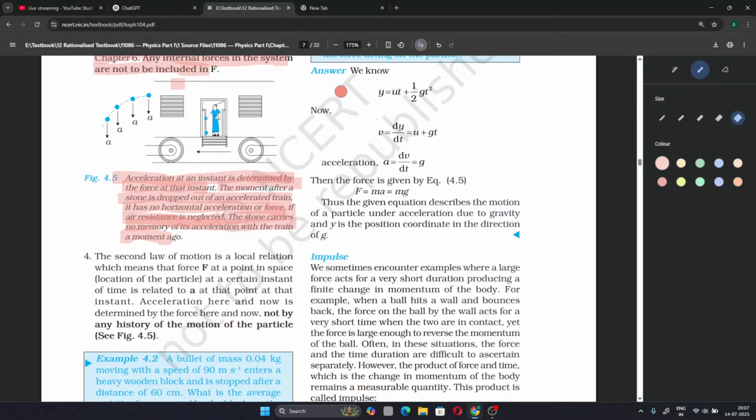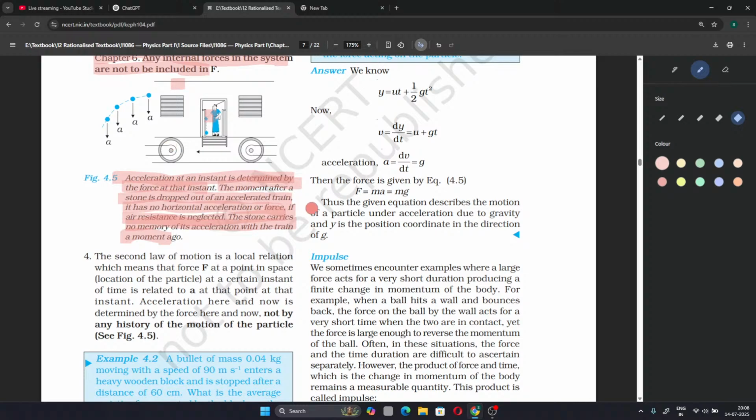Basically, the acceleration of a body depends on the force acting on that body at that instant. At the first instant, the stone was inside the train, in a person's hand.